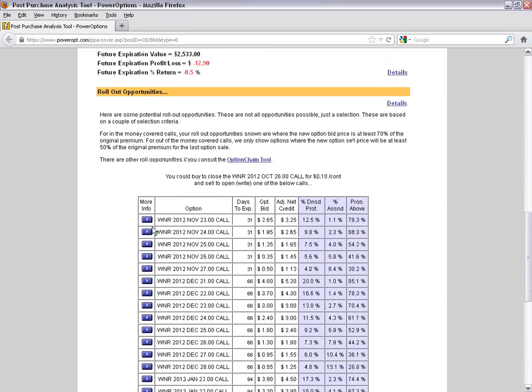Well, let's go ahead and take a look. Does that make sense? Well, it's great to see things numerically, but what I want to do, and we're in the position analysis menu, we're looking at the rollout opportunities. From the rollout opportunities, great to see it numerically, but if I want to compare it graphically, we'll go to Simulate Trade.